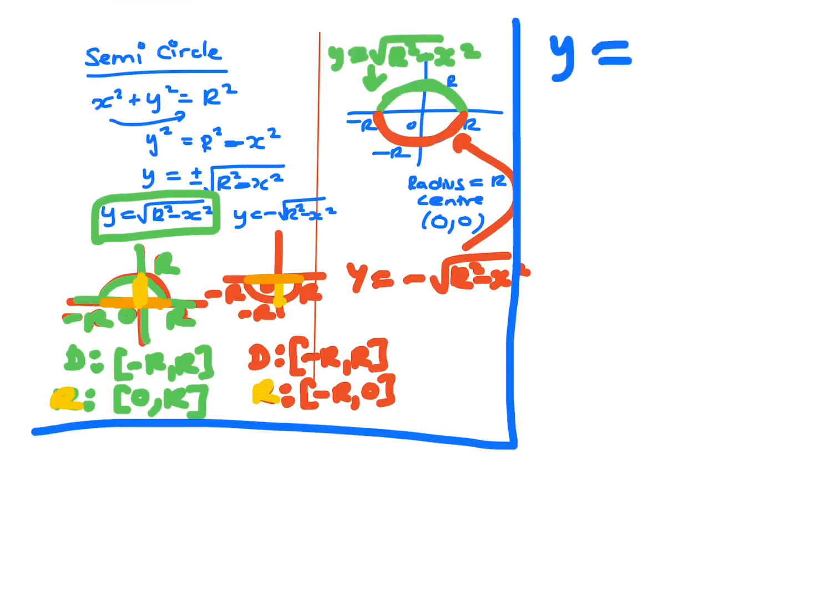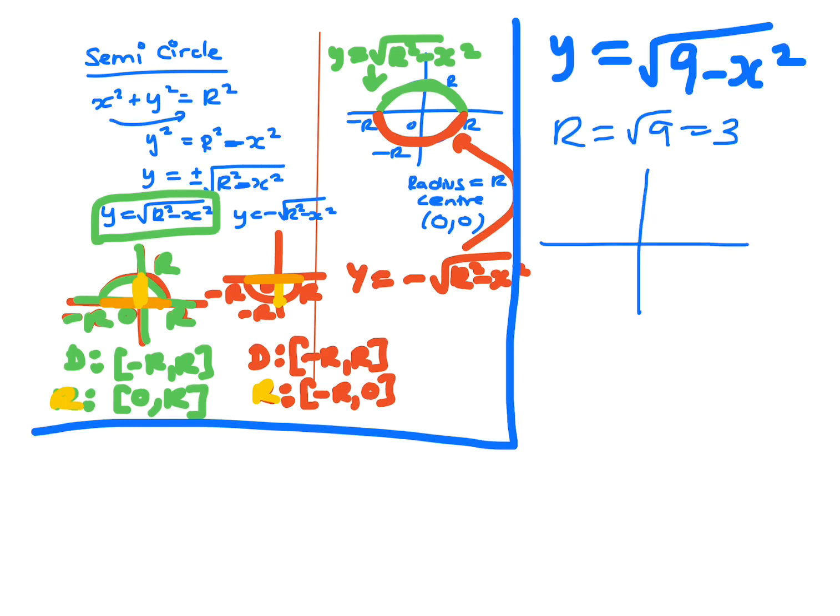Okay, so if you're going to sketch y equals the square root of 9 minus x squared, then basically the radius will equal the square root of the 9, which will be 3. It's the positive half of the semicircle, like that.